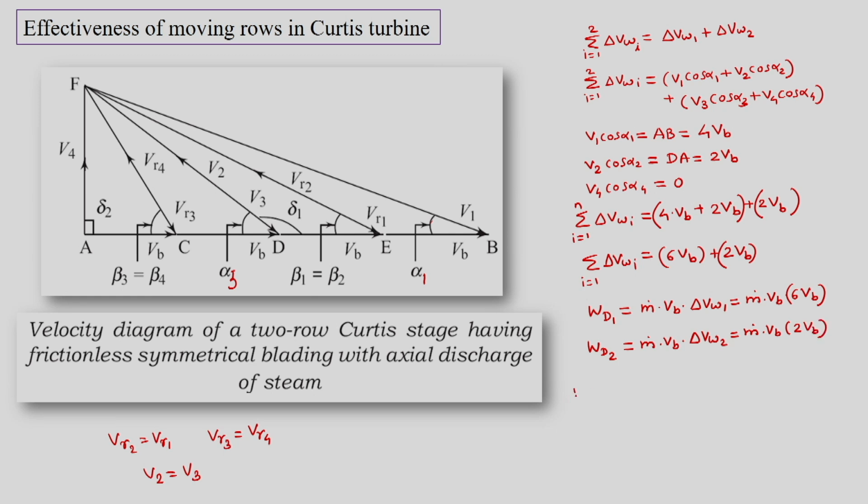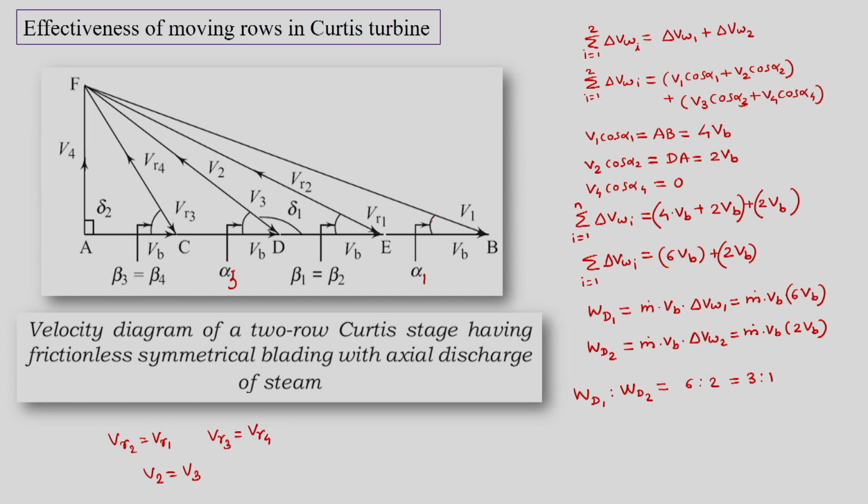Now if we take the ratio, WD1 to WD2 is equal to 6 to 2, or 3 to 1.